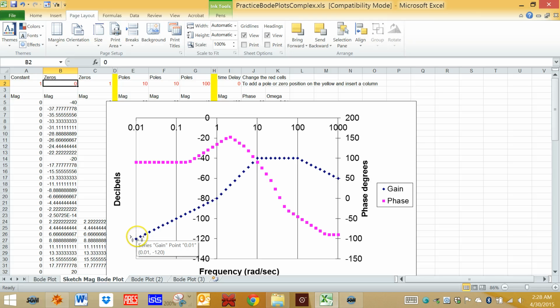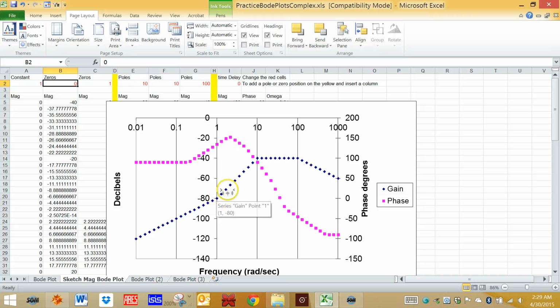Because it's in the numerator, it has a positive slope, and if you notice the slope is 20 decibels per decade. So right here it goes from a negative 120 to a negative 100 in one decade, a slope of 20. So that means there's only one S plus 0 term.